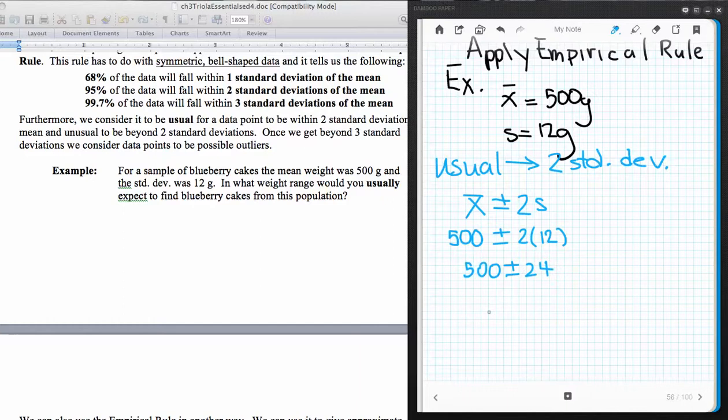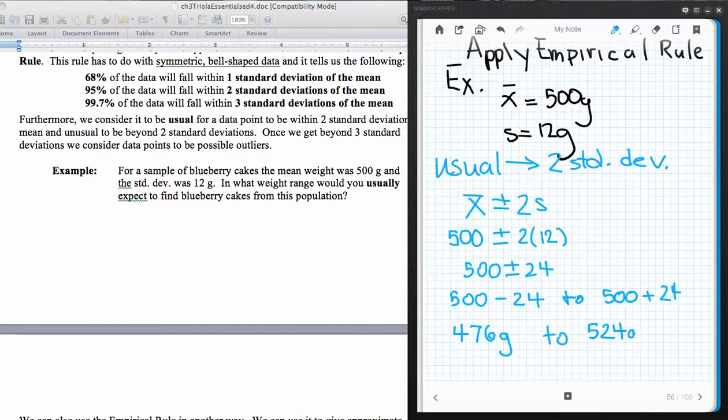And so I'm going to expect to find the weights of blueberry cakes of 500 minus 24 up to 500 plus 24. And that's going to give me the weights of 476 grams to 524 grams.